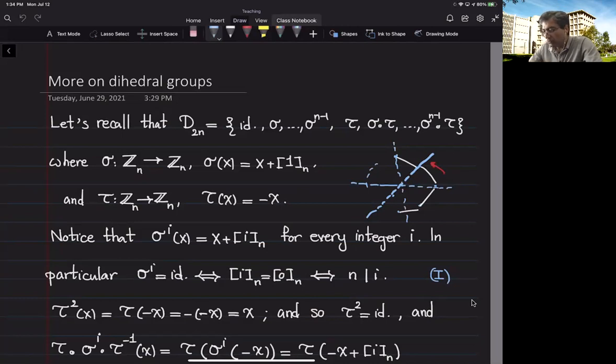We discussed and proved that these are all the symmetries of this n cycle. I use the words rotation and reflection, but notice that here we started with this combinatorial object, an n cycle as a graph. We can identify it with a regular n-gon to visualize it, and then visualization can help us to use the words rotation and reflection.